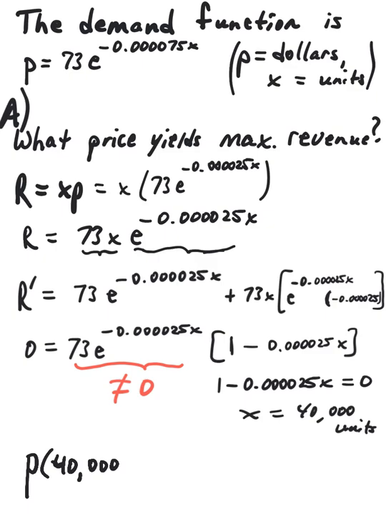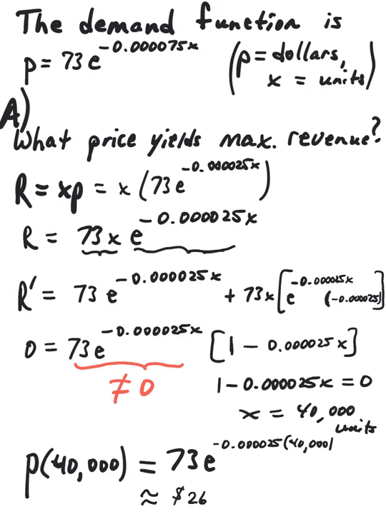This will be the price of producing 40,000 units. So that is 73 e, and then we've got that long decimal number. But where the x is, plug in 40 grand. To the nearest cent, I've got $26.86.